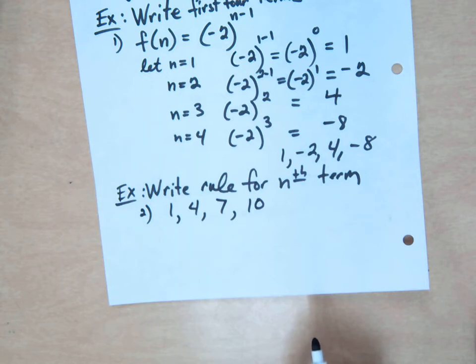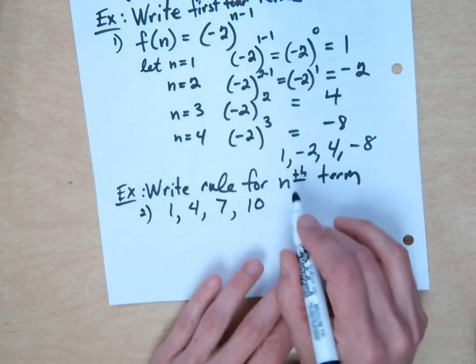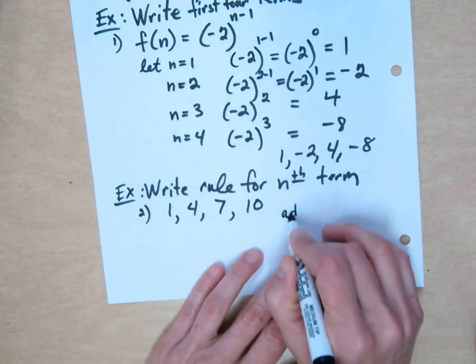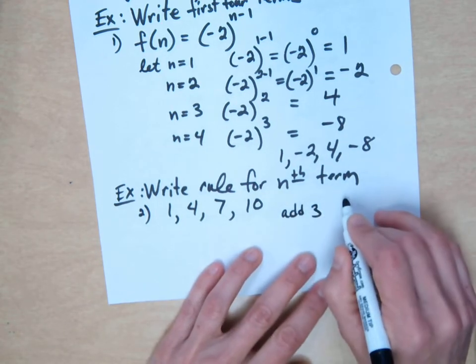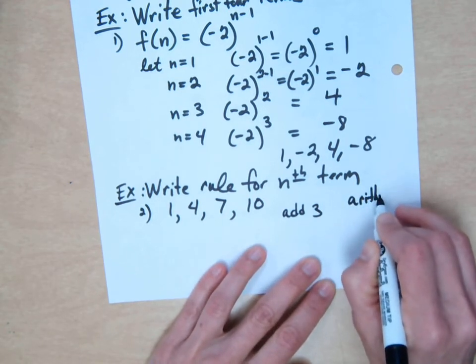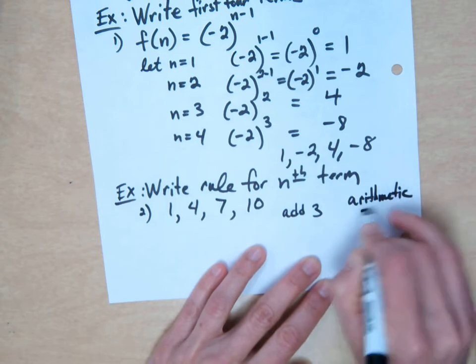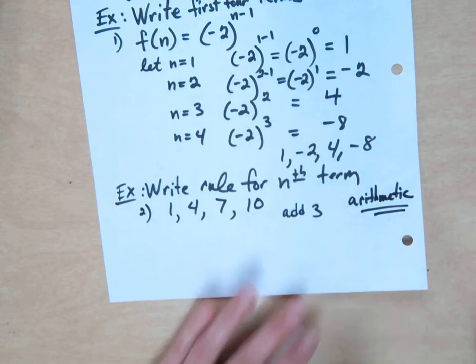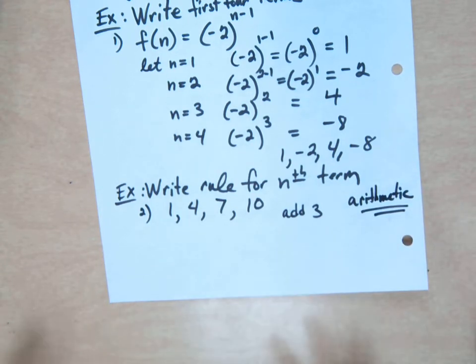Yeah, it's arithmetic, because what constant are we adding every time? We see that we're adding 3, and we know it's arithmetic. The first few examples are all going to be arithmetic. We're going to do 3 examples of all arithmetic. If you notice that it's arithmetic, this is how you would always do it.